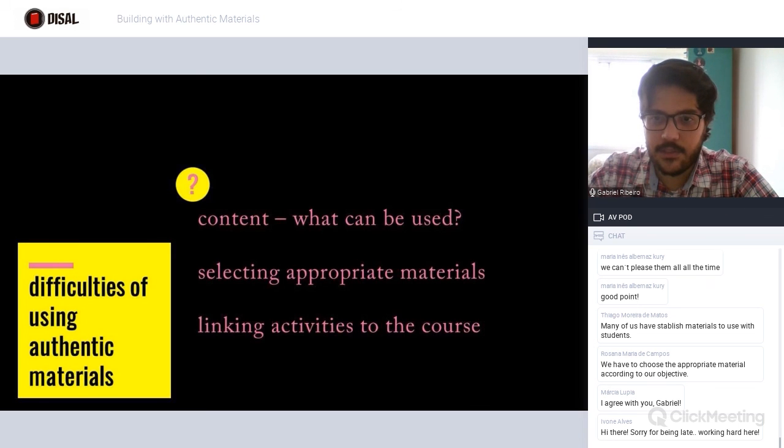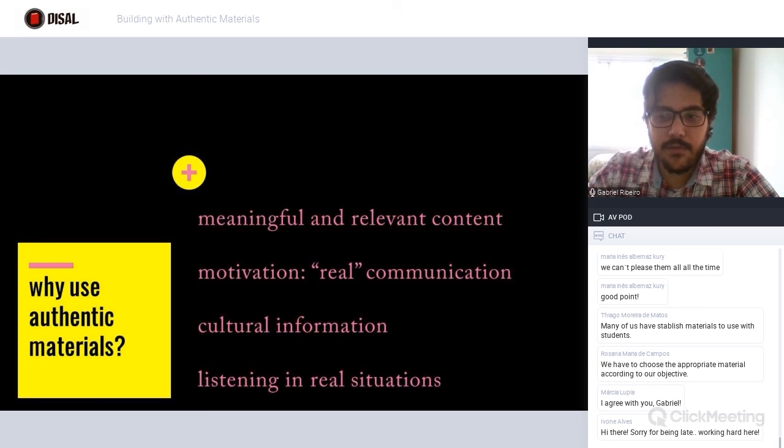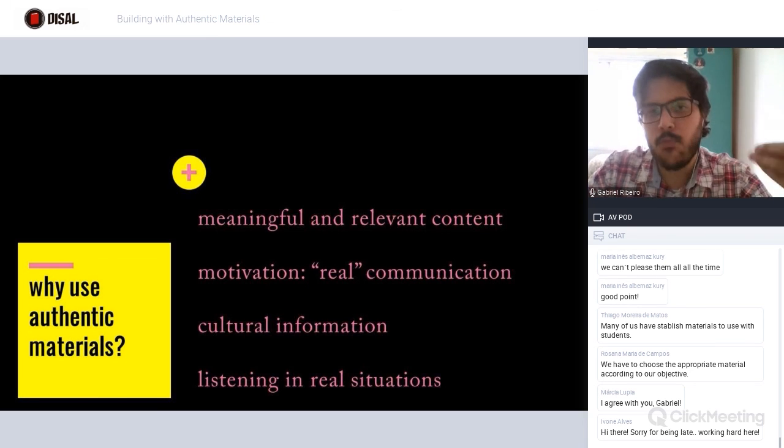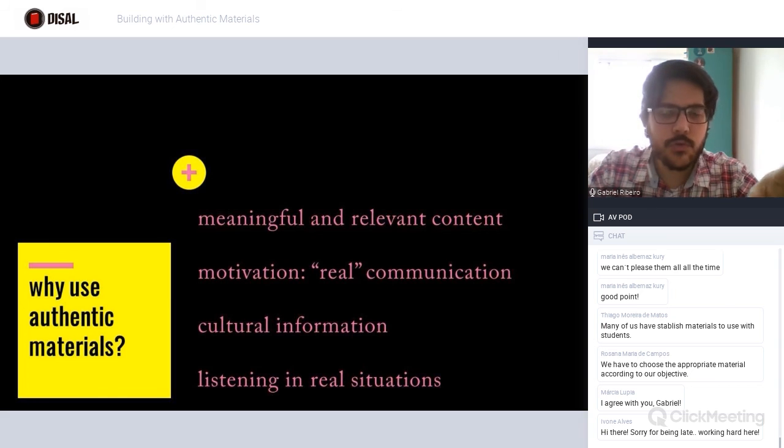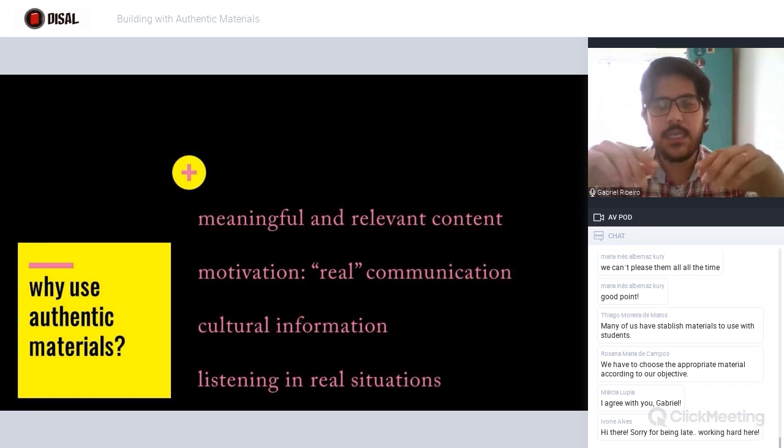However, if we want to use authentic materials with basic students, I think the benefits we were discussing just now are even more meaningful. They're even more effective, right? Who needs more motivation to continue learning the language than a student who is still at the beginning? Most schools would probably have this kind of profile, like a pyramid, right?